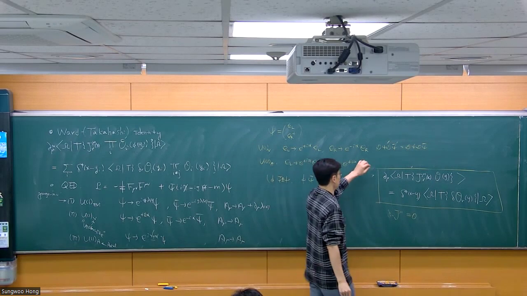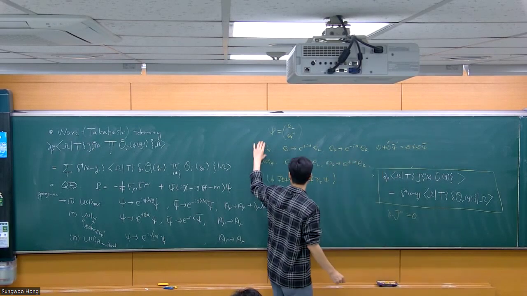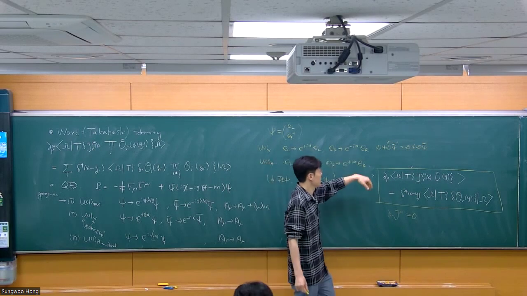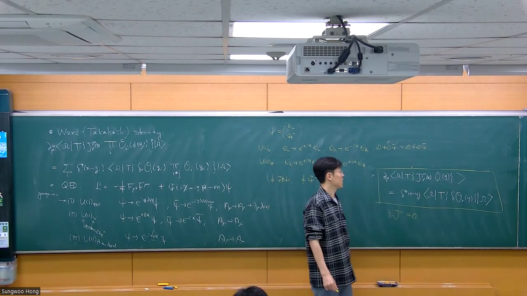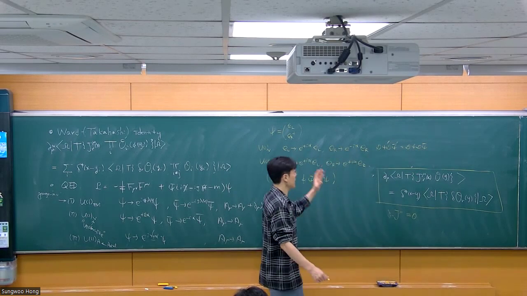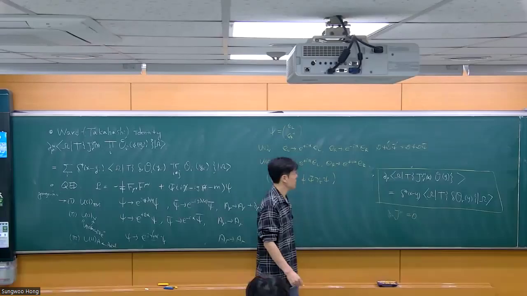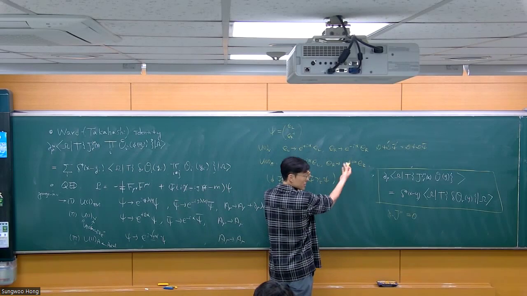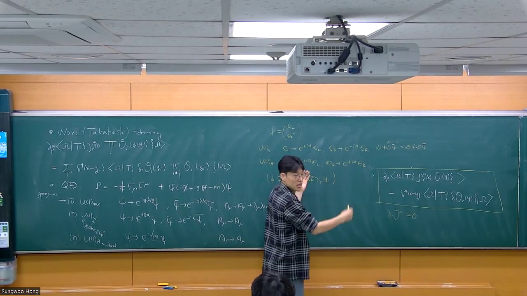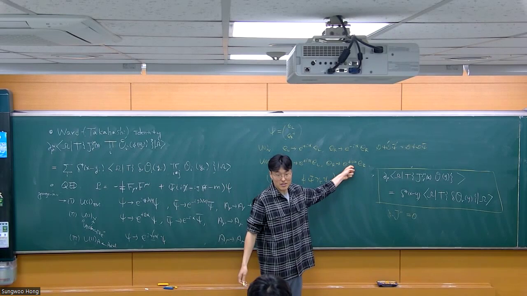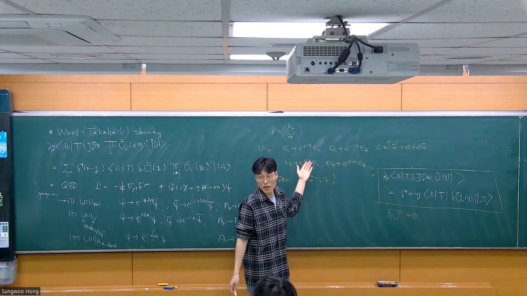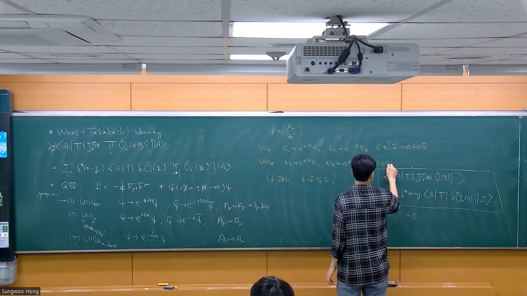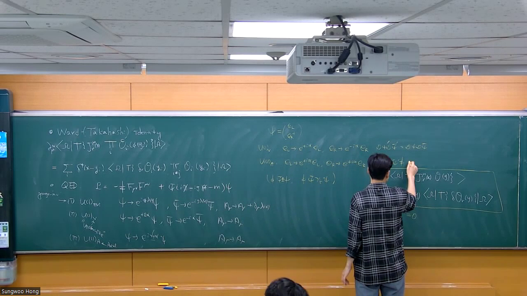Without showing explicitly, let me just state that whenever the symmetry has the same amount of positive and negative charge, the measure is invariant under that symmetry transformation. Axial is when there's an imbalance between positive and negative charge. In this case it is maximally imbalanced because everybody carries positive charge and there's no negative charge. Then the measure of the path integral is not invariant.